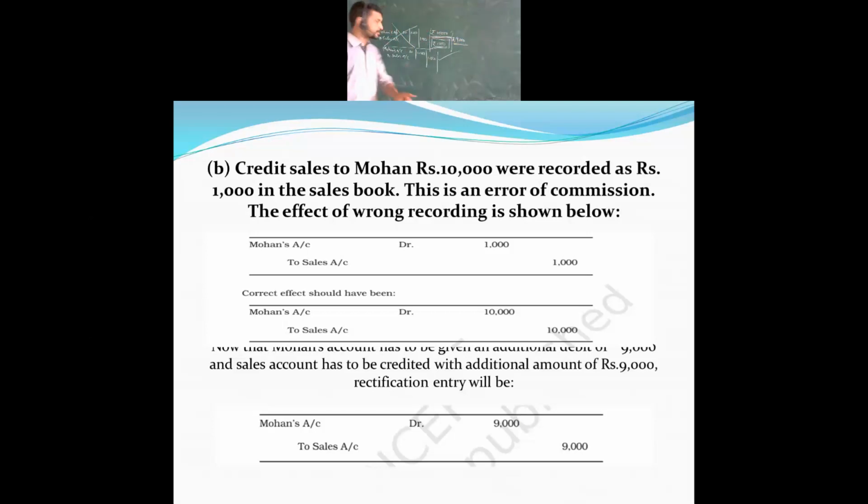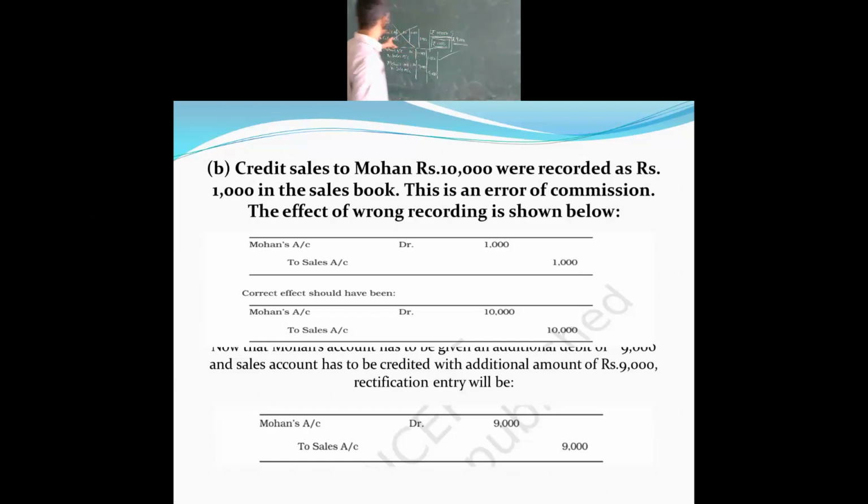Now the same entry you are going to pass over here. How will you pass it? Mohan's account debit 9,000 to sales account 9,000. Got it? Downward you can see that Mohan's account has to be debited with 9,000 and sales account to be credited with an additional 9,000.